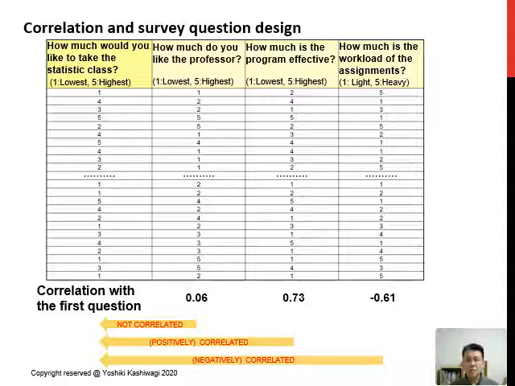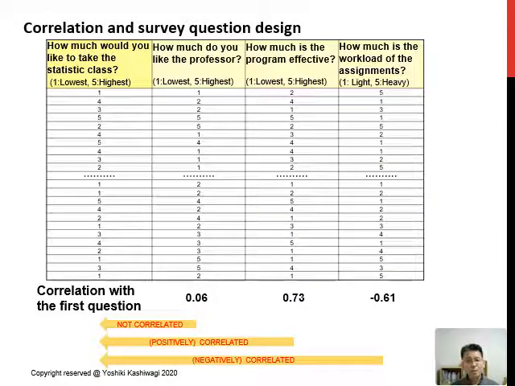How about the last one? How heavy is the workload of the assignments? It also has a high but negative correlation with the first question. That means if the student thinks the workload of this class is very light, yes, they may take this statistics class. So the workload of the assignment has a high impact on their decision whether to take this class or not.